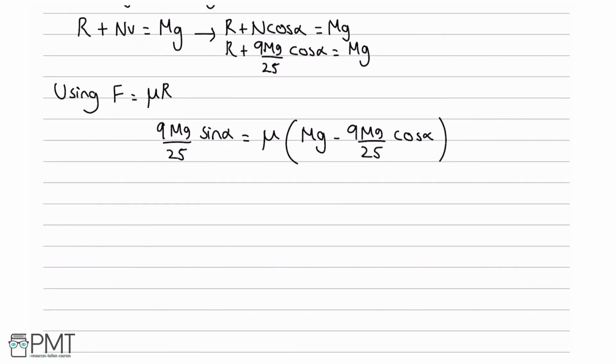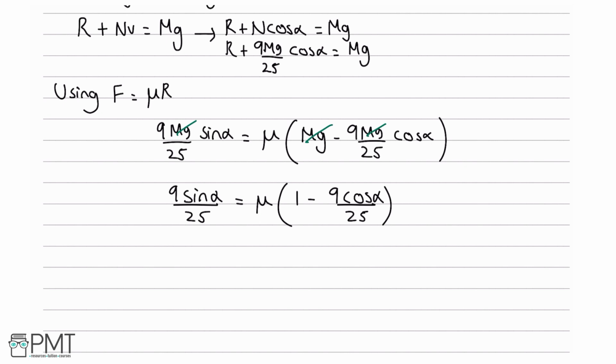What you would notice here is that each term has an mg in it. So you can cancel this mg, which will leave us with 9 sine alpha over 25 equals mu times 1 minus 9 cosine alpha over 25.